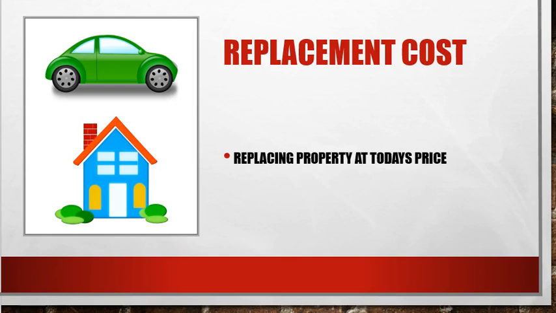So in this situation, your $200,000 home was only being insured for $150,000. So $150,000 is all you get back for a total loss, meaning that the entire house was damaged.